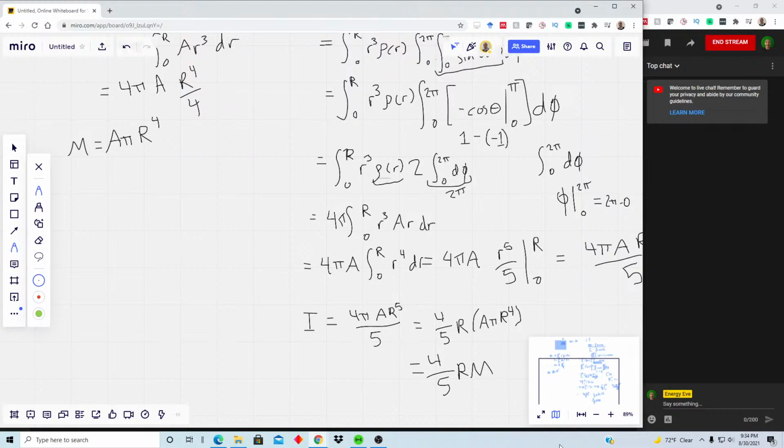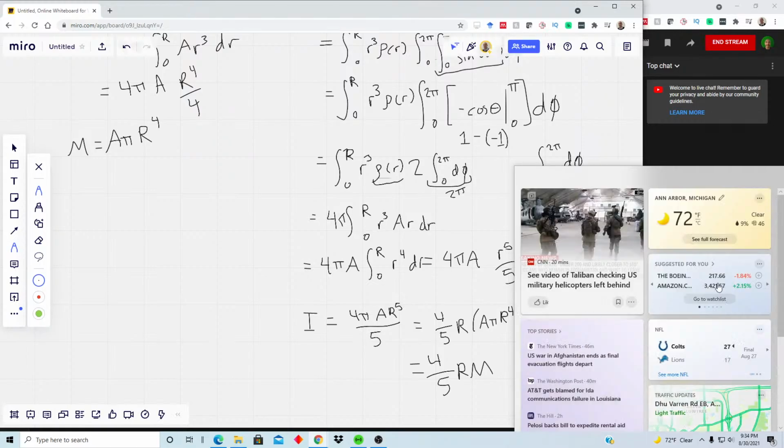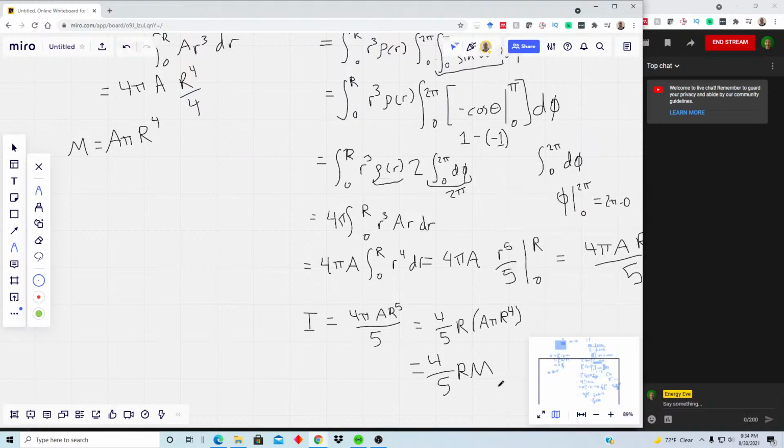And unfortunately for us, these are none of the answers. It says that we are actually missing, or we should actually have an r squared.